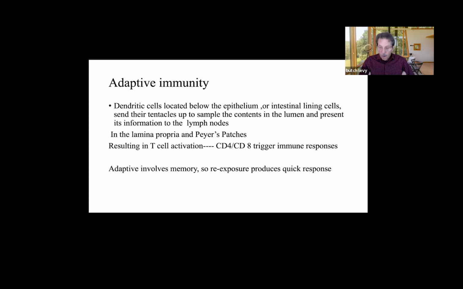So we also have adaptive immunity, which I think is a very important secondary response, or in some cases can be primary, but they too use these dendritic cells, these tentacle cells, and they can be in the lining cells along with the workings of the innate immune system.